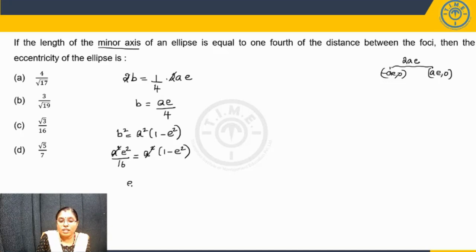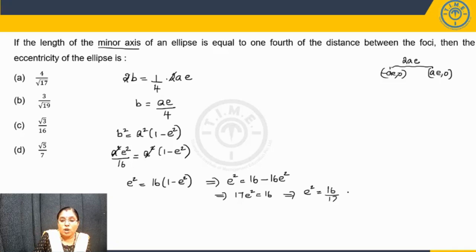So we have e square equal to 16 into 1 minus e square. So what do we get? e square is equal to 16 minus 16e square, or we have 17e square equal to 16. So from this, e square is equal to 16 by 17, or e is equal to 4 by root 17.